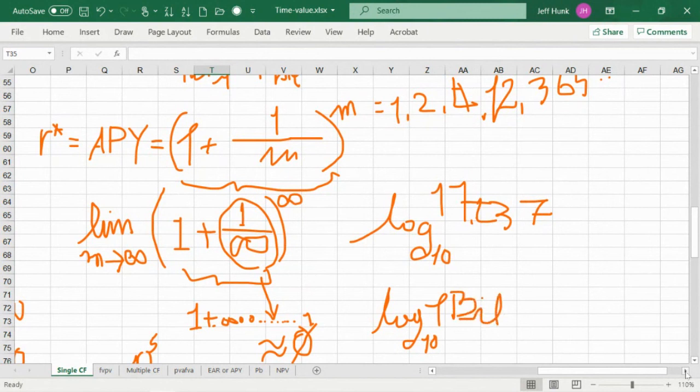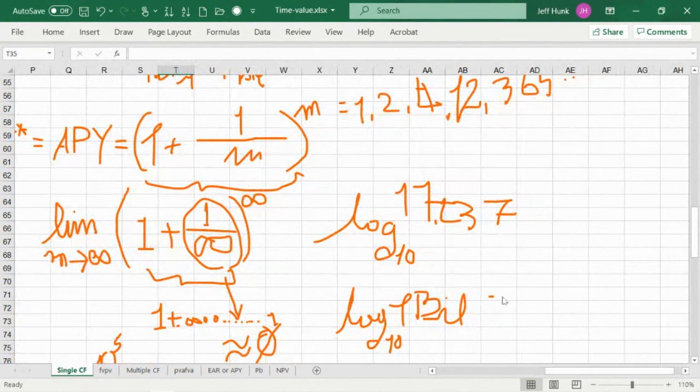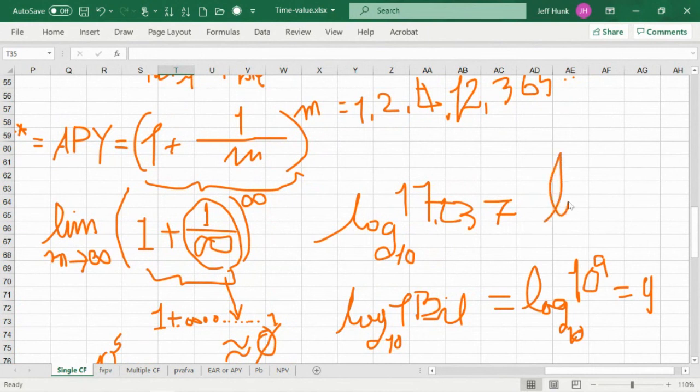Base 10 log of 1 billion we can easily process because we know 1 billion is 10 to the 9th. So we can tell it is 9, right? But this, we cannot easily do that. But anyway, it's going to be the computer that's going to calculate it.